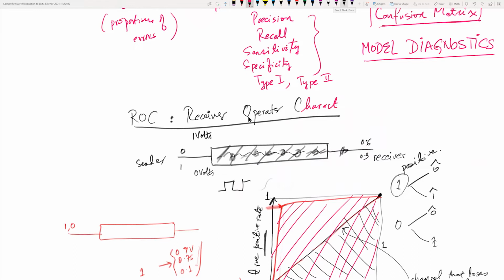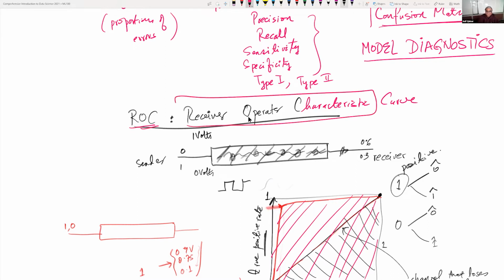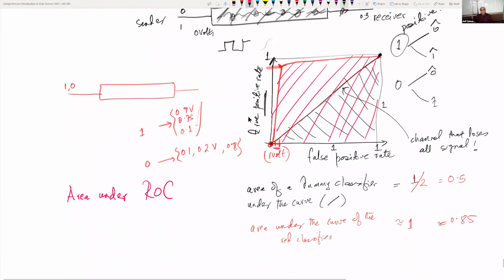So ROC stands for receiver operator characteristic. It speaks to the channel, right? So the area under the ROC curve is a good diagnostic measure of your classifier. Another good diagnostic measure, just like accuracy, error rate, precision, recall, sensitivity, specificity, etc.